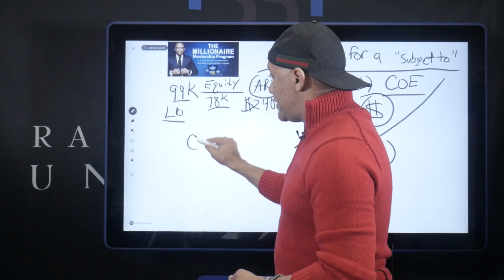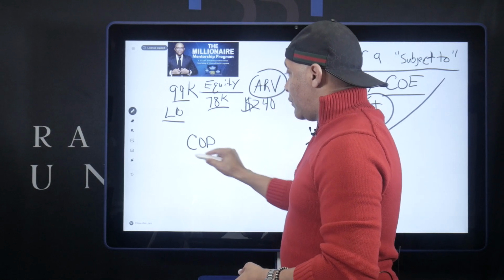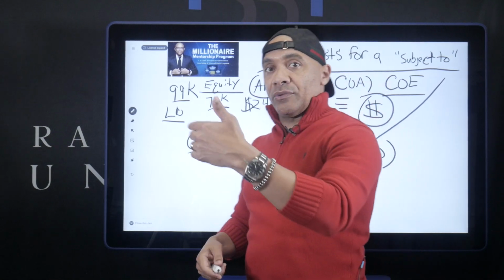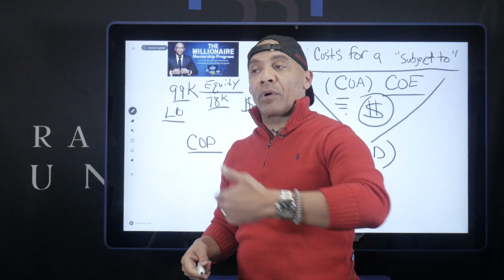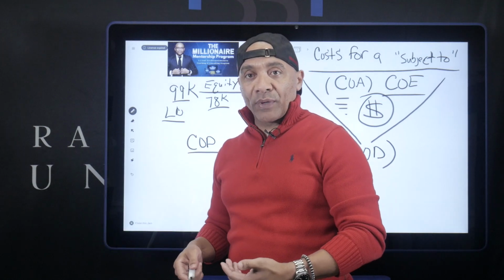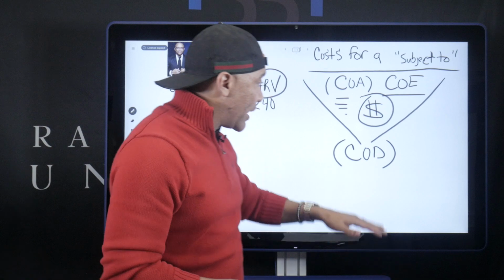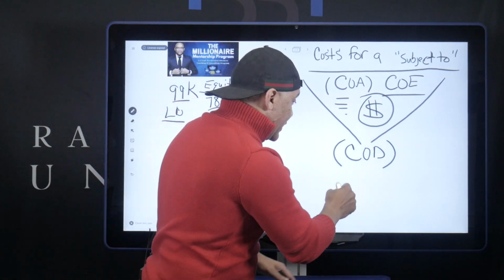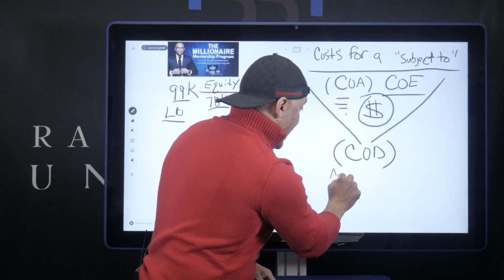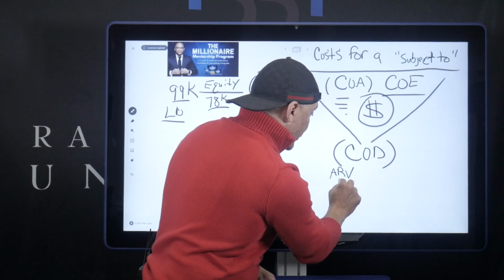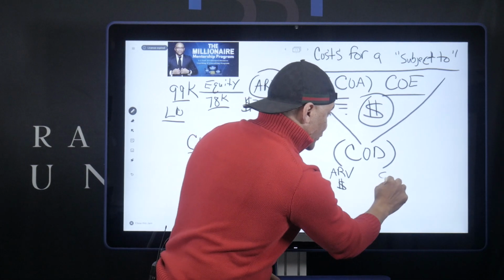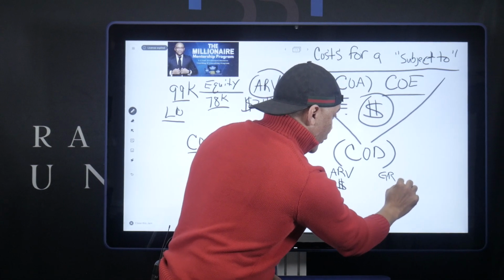Now, my cost of disposition, which are the costs associated with selling it and or renting it. When I'm looking at my cost of disposition, yes, I'm looking at the ARV, what I can sell it for, but I'm also looking at my gross rent value.